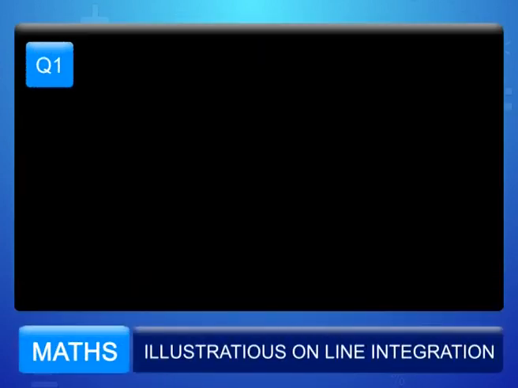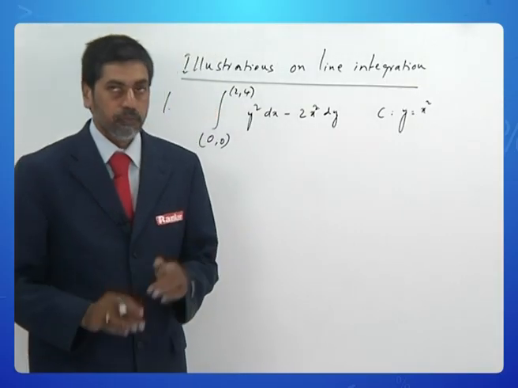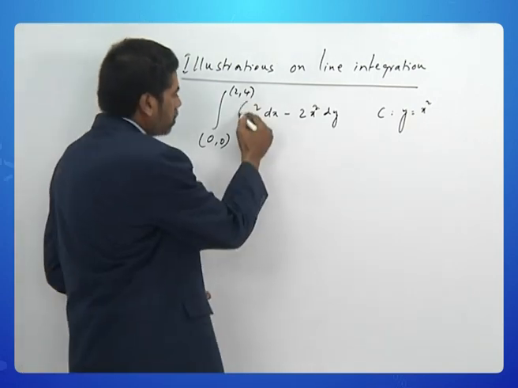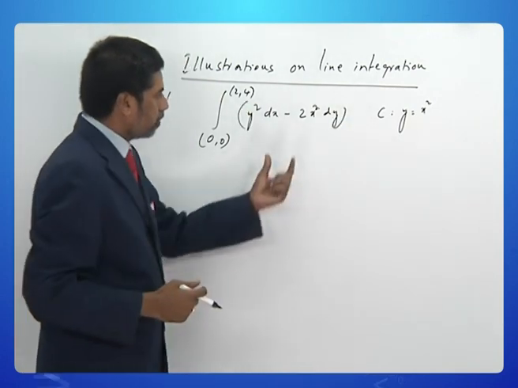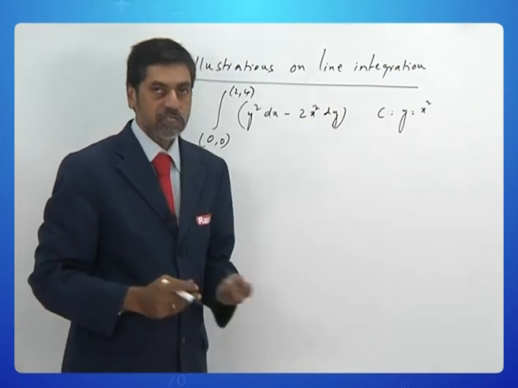Question number 1. What is the value of the line integral y square dx minus 2x square dy from 0, 0 to 2, 4 along the parabola y is equal to x squared? So this is the problem. As we discussed, to evaluate a line integral, we require to convert the integrand in terms of a single variable.